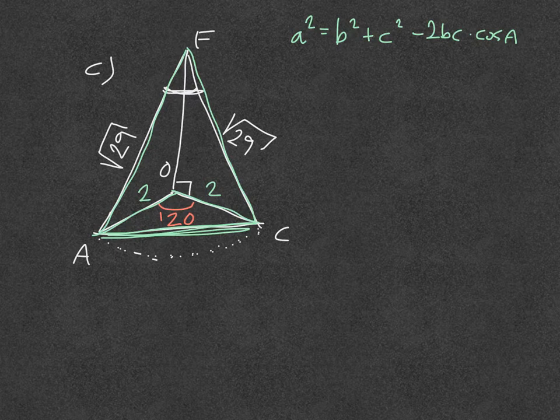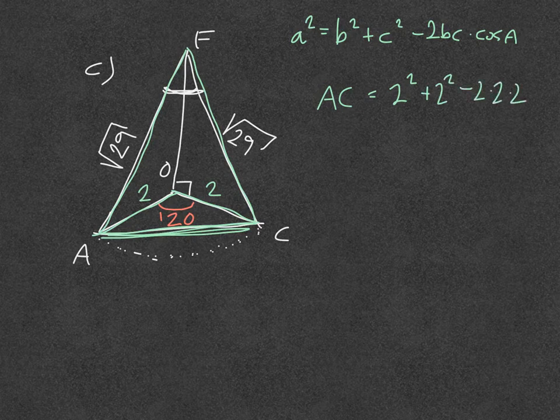So this is really AC squared, right? Equals 2 squared plus 2 squared minus 2 times 2 times 2 multiplied with cosine of 120 degrees. And that should be squared, yeah?